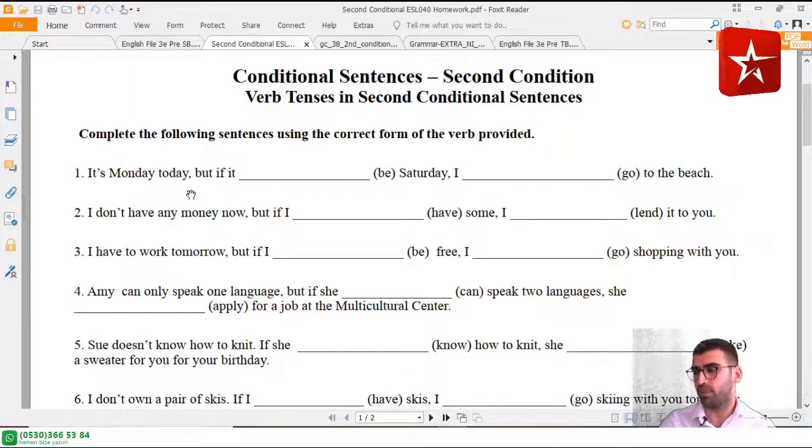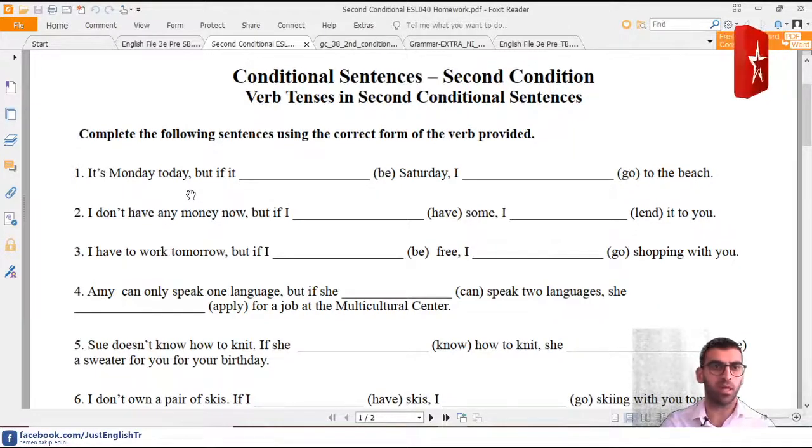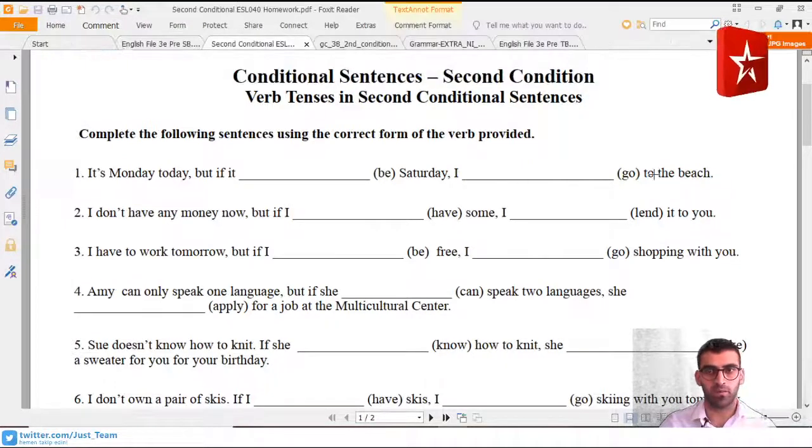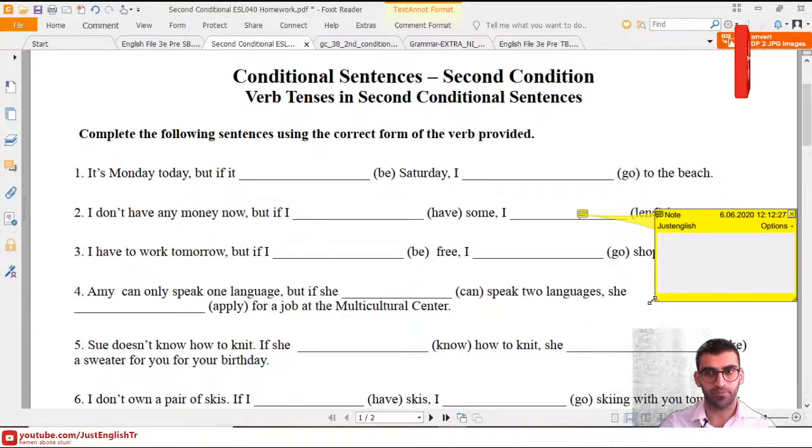Number one, okay, let's do number one. Number one says, it is Monday today, but if it blah blah blah Saturday, I blah blah blah to the beach. How can we change the verbs in order to make the second conditional sentence here? And I will write the notes here to help you.